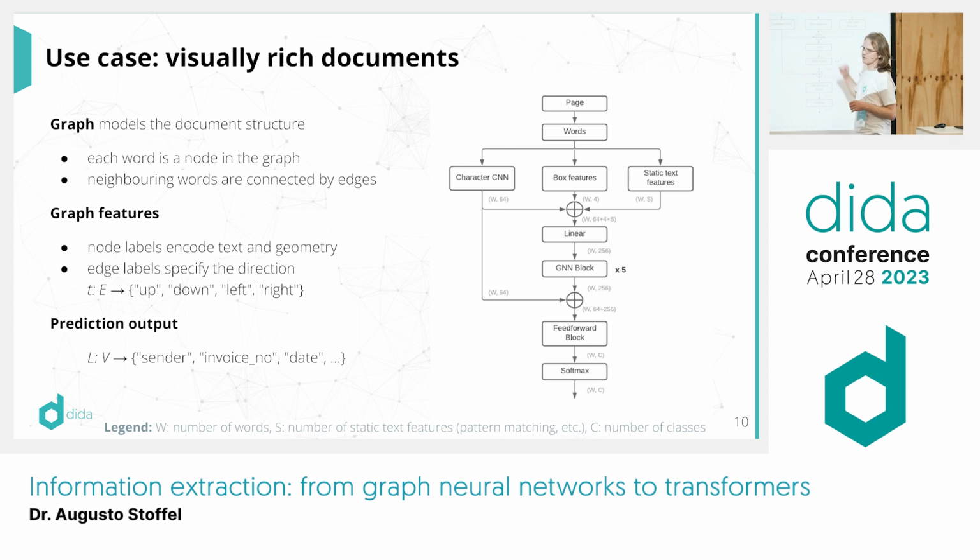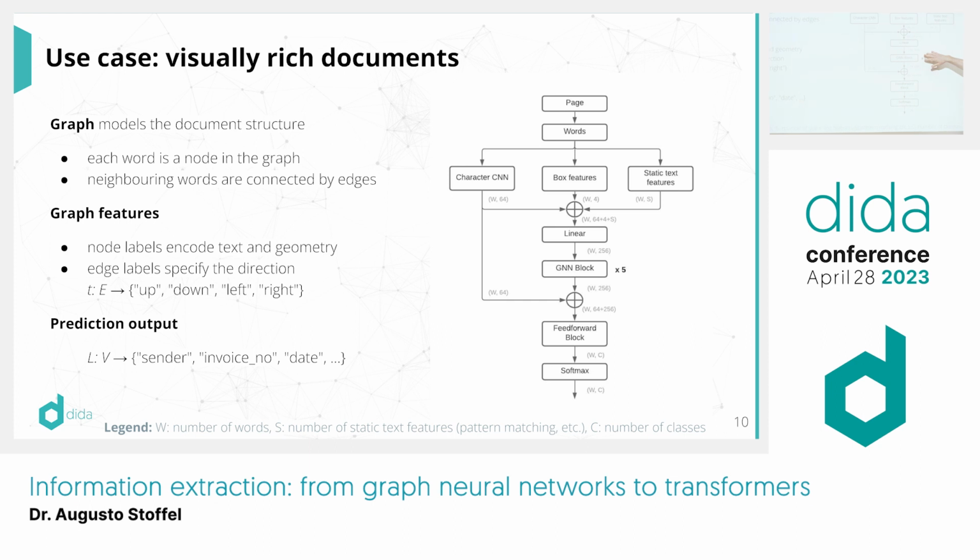We also have the location of the word on the page, which are some numbers that we can collect. And if we're feeling enthusiastic about this, we can even think of some patterns, some handcrafted text features, that our word matches or not. Those are the features we collect for each word. Our edges are labeled by the direction they point at: a neighbor can be in the up, down, left, or right direction.